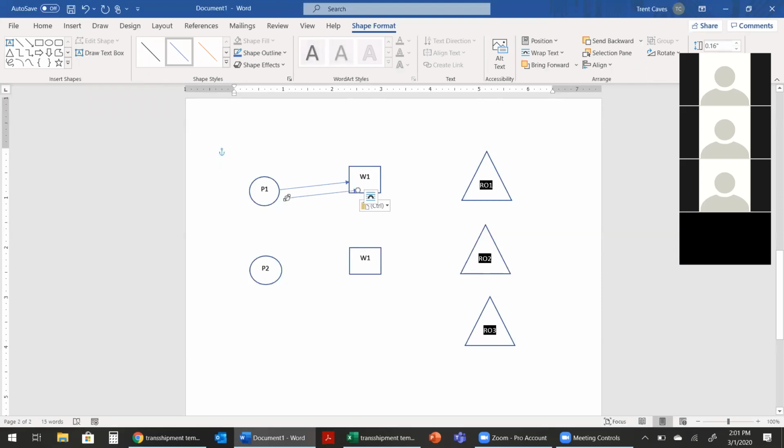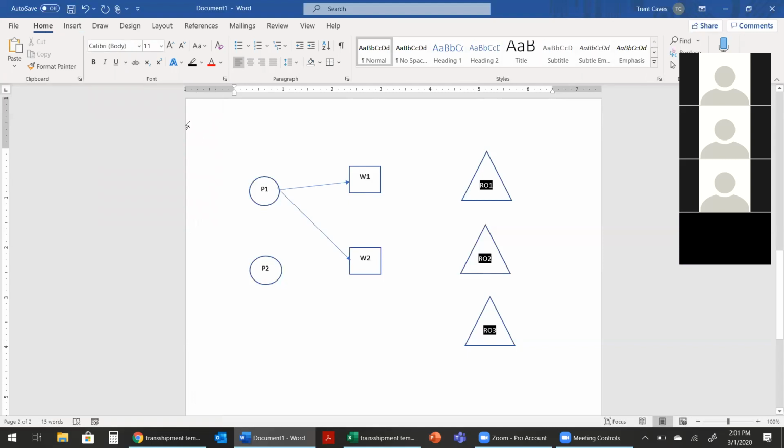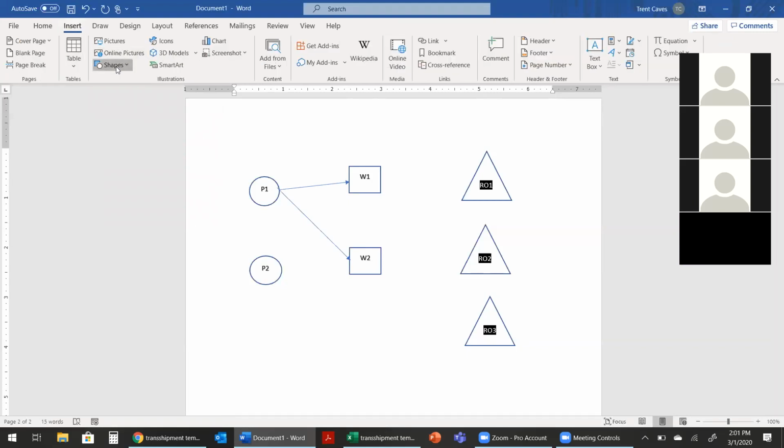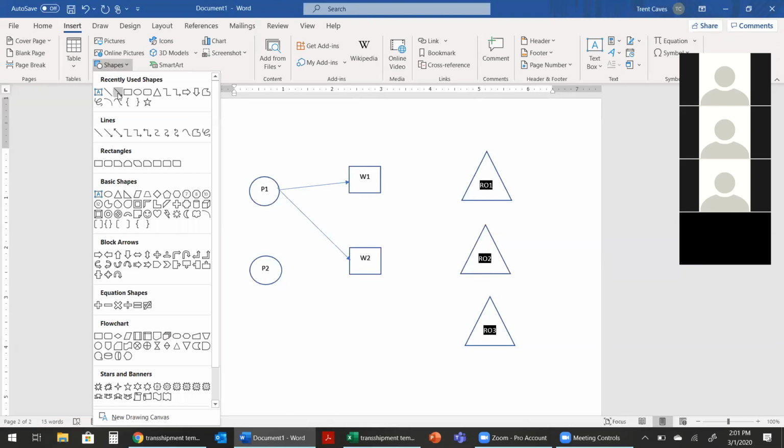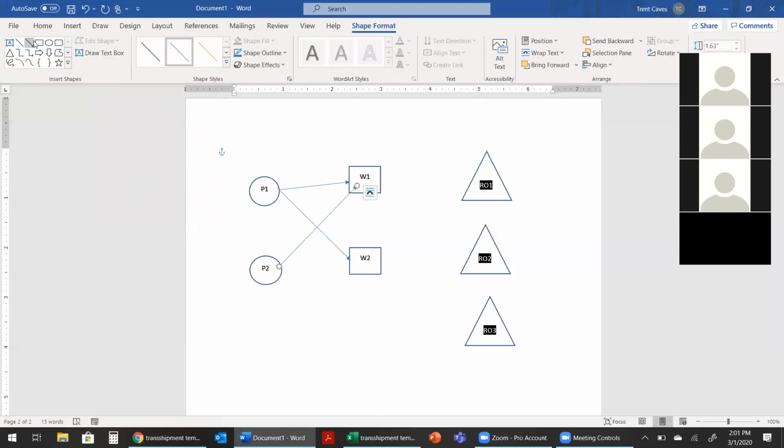And plant 1 will also distribute to warehouse, oh, let's change this to warehouse 2. So I'm just inserting arrows. Plant 2 to warehouse 1. Plant 2 to warehouse 2.